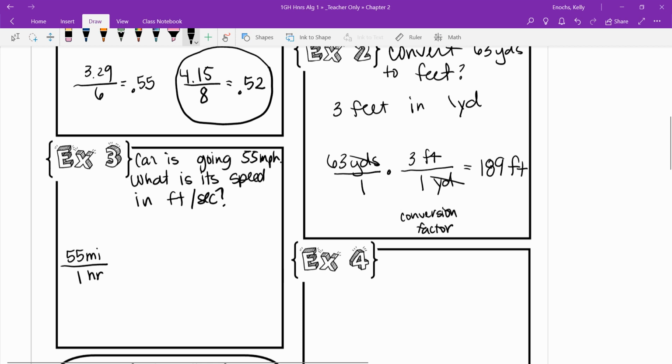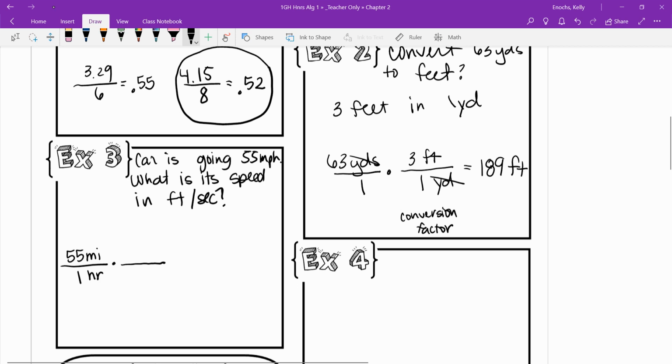Next, I'm going to put in my three conversion factor fractions. Any order you want is fine, but when you're writing them, you have to make sure you have your units in the proper place. I'm going to change my miles to feet first, just because it's easier. So I'm going to multiply by 5,280 feet in 1 mile.